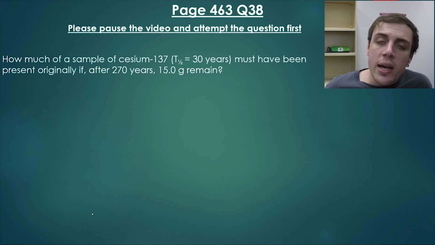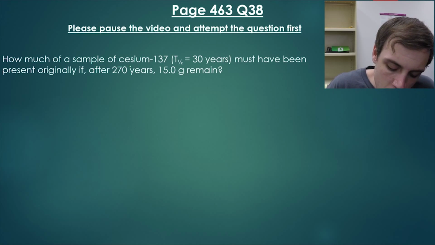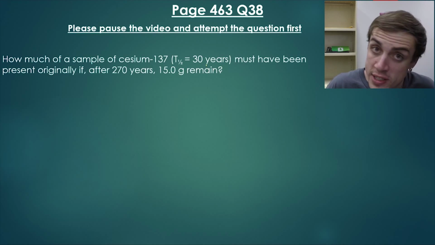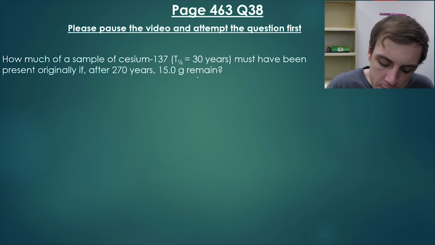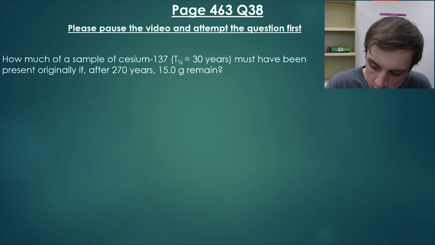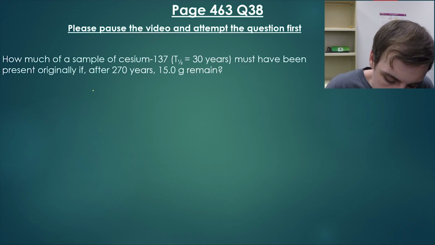Okay, so let us look now at question 38. How much of a sample of cesium-137, with a half-life of 30 years, must have been present if originally, after 270 years, 15 grams remain? This is where we need to use our formula for half-lives.